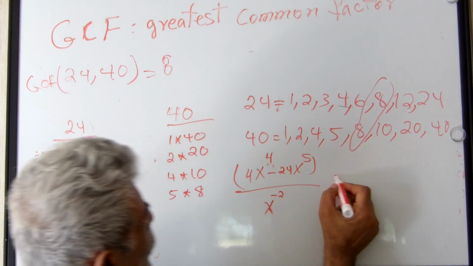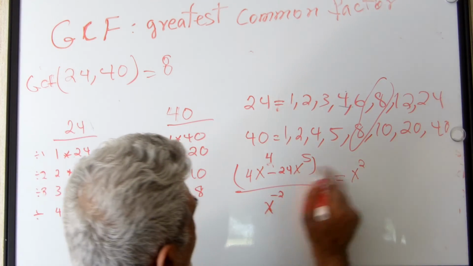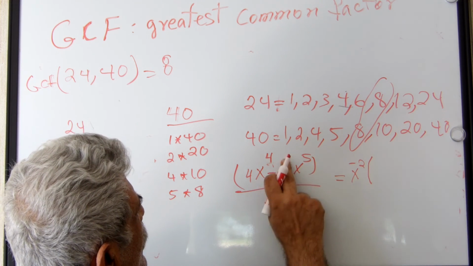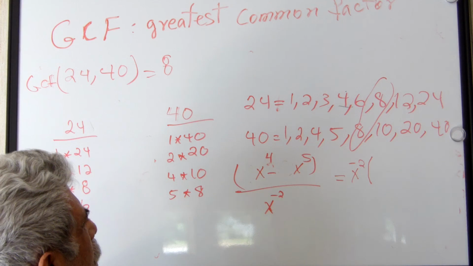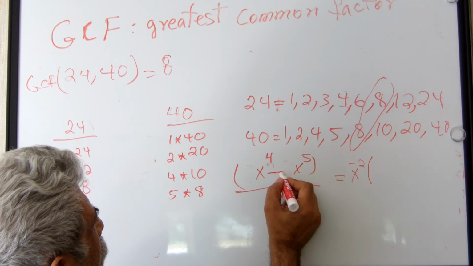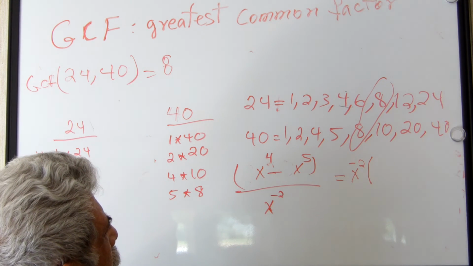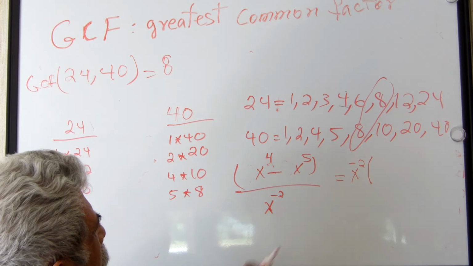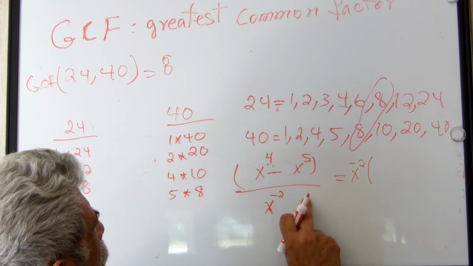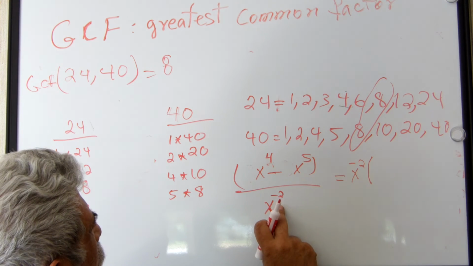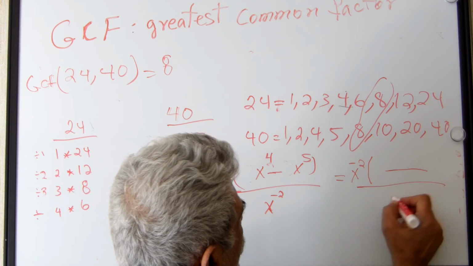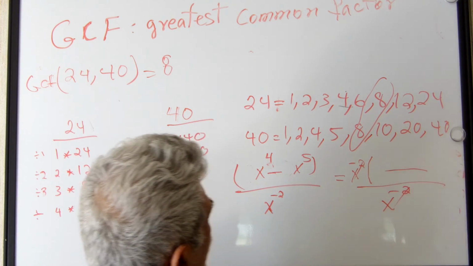You have to factor out somehow so that you have x minus 2 here. We want to eliminate x minus 2. So we factor x minus 2 times something, and then x minus 2 cancels out.